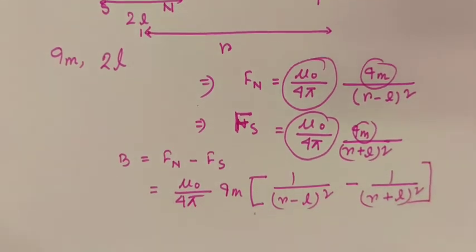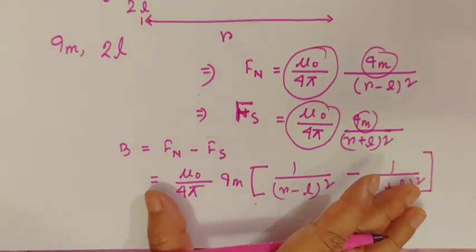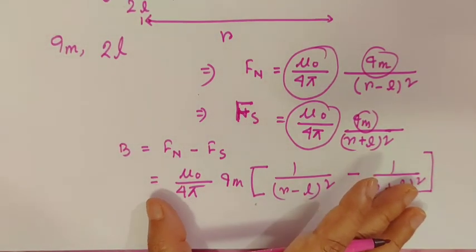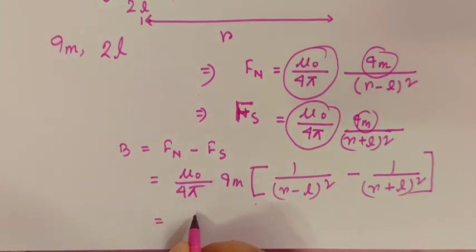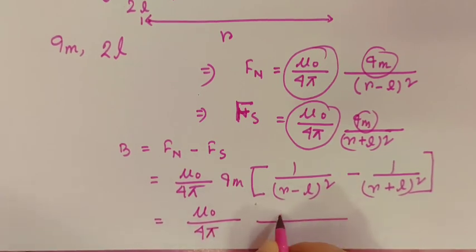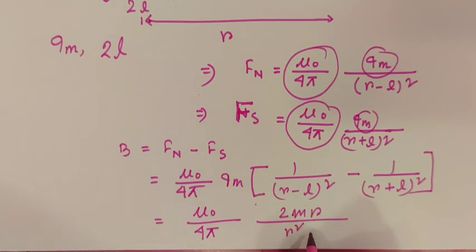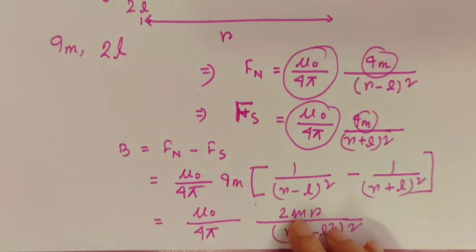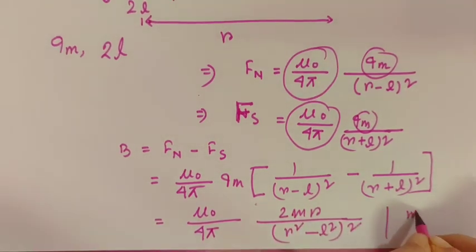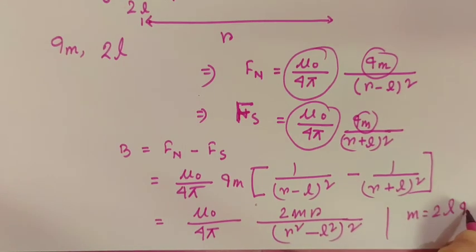Okay, if we solve this equation and simplify, then we get mu naught by 4 pi times 2Mr divided by (r square minus l square) whole square, where M is equal to 2l times Qm, the magnitude of the magnetic dipole moment.